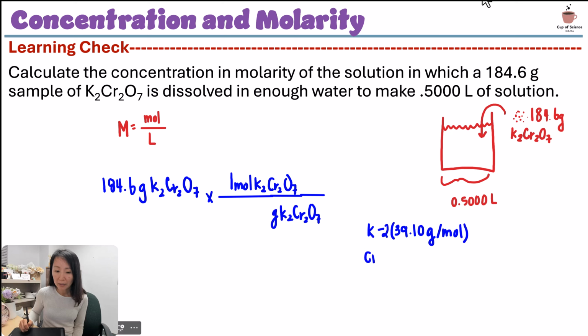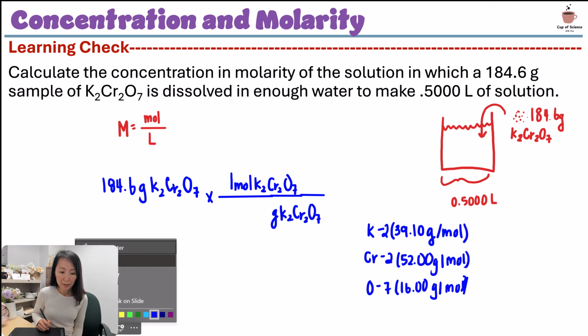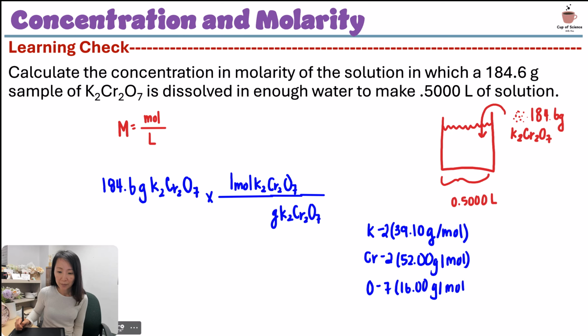For chromium, there's 2 of them, and chromium is 52 grams per mole. And we have our oxygen, which is 16.00 grams per mole. All right, so let's go ahead and add all of these up and then find out the molar mass.